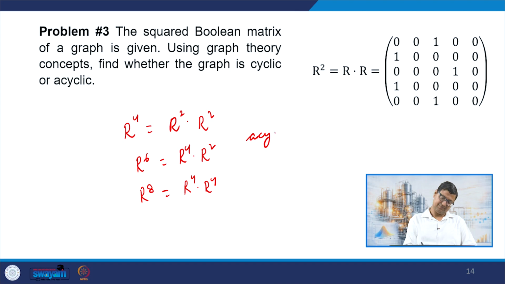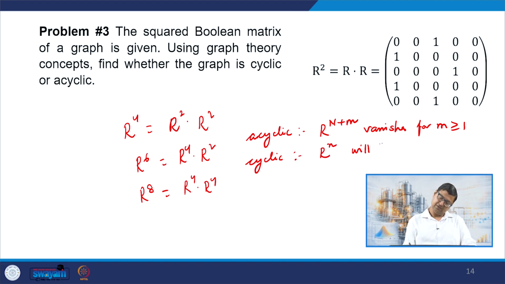So for acyclic, R to the power n plus m vanishes for m greater than or equal to 1, and if it is cyclic, then R to the power n will repeat, with some alternating powers, let's say every 2 power, every 3 power, depending on the order of the cyclical net, right? So with that, I want to stop here.